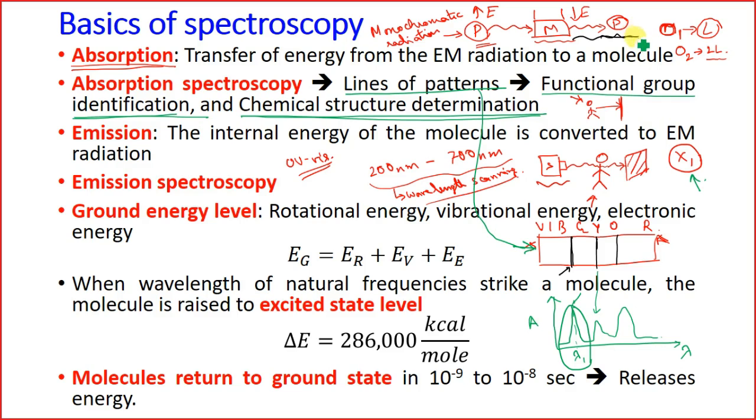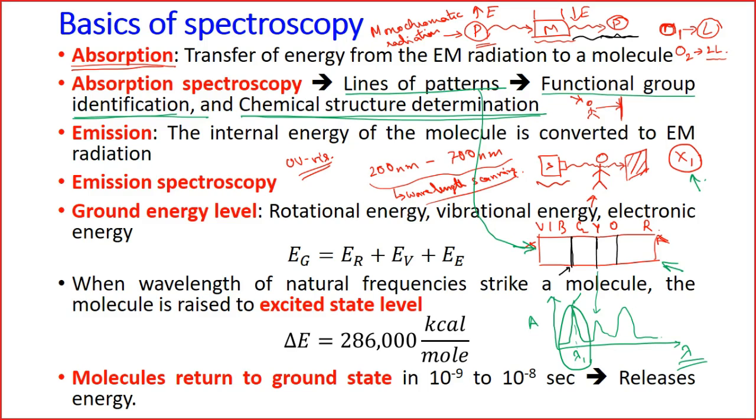At different wavelengths you try to find out how much absorption has taken place, and from there you find these lines of patterns. These lines of patterns are, you can say, a fingerprint for each and every molecule.